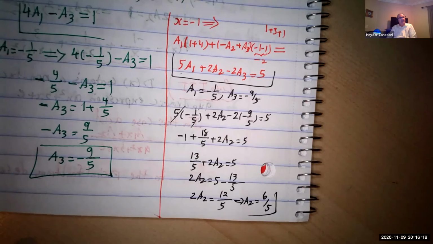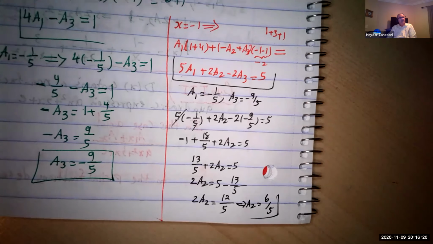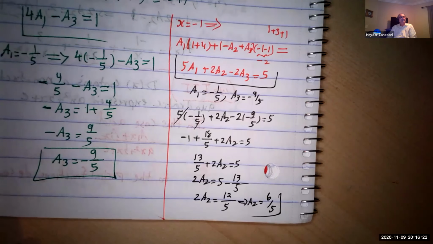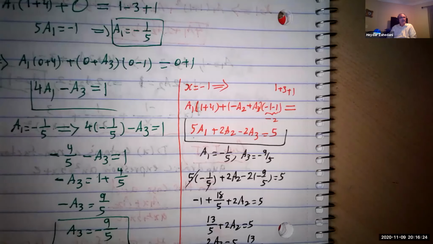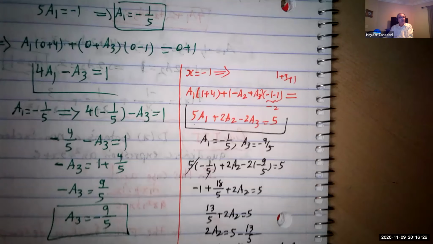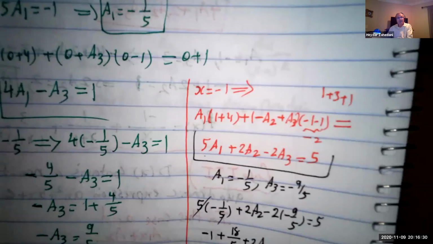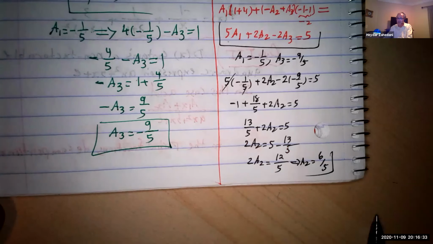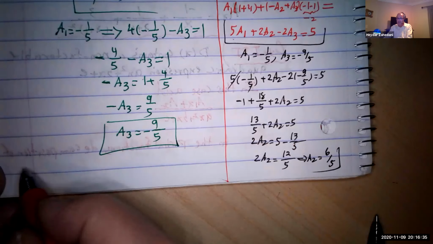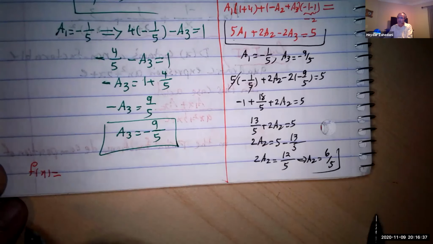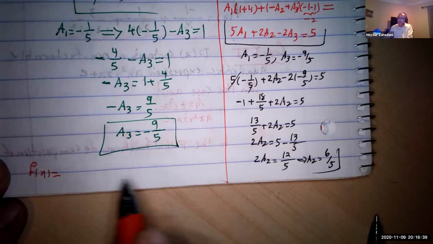So we have the a1. We are not done. You have to give us the decomposition. a1 is negative 1/5, a3 is negative 9/5 and a2 is 6/5. So this is going to be the decomposition of the function. f of x equal to, okay, it was a1 over x minus 1.